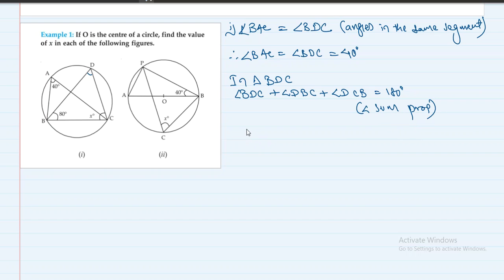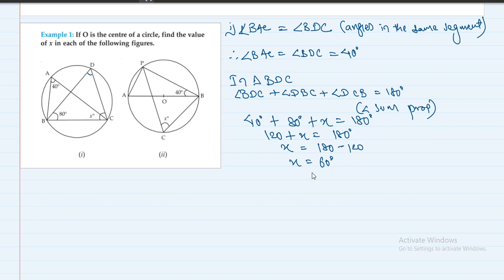Angle BDC, which I just found to be 40 degrees, plus angle DBC, which is 80 degrees, plus angle DCB, which is x, their sum comes out to be 180 degrees. So 120 plus x is equal to 180 degrees, so x is equal to 180 minus 120. So x is equal to 60 degrees. That's the value of x in the first figure. Great. What about the second figure?